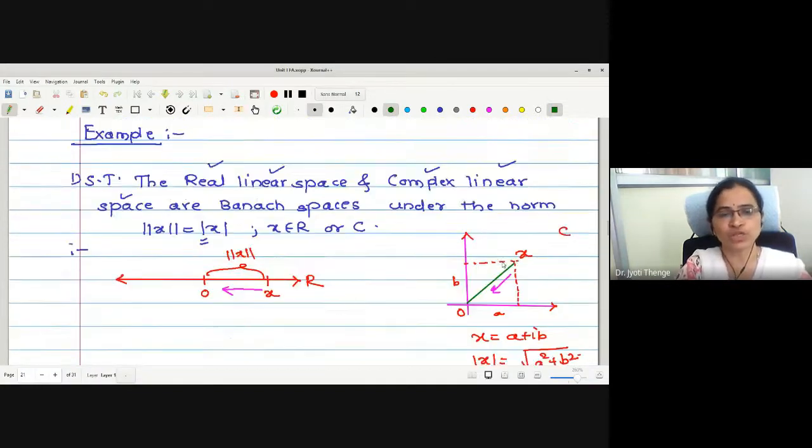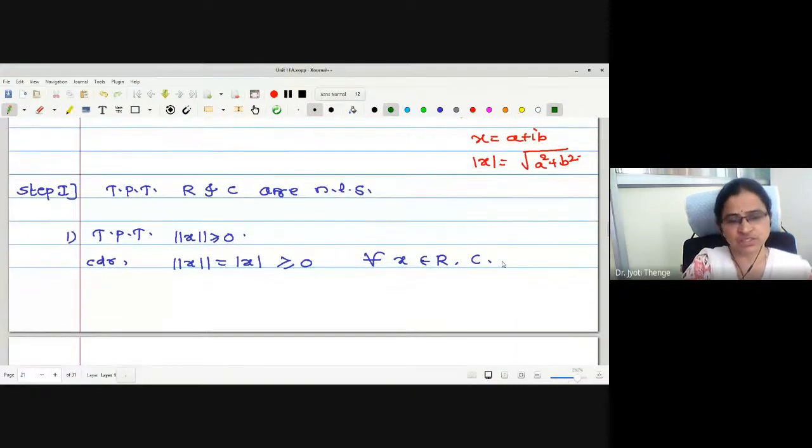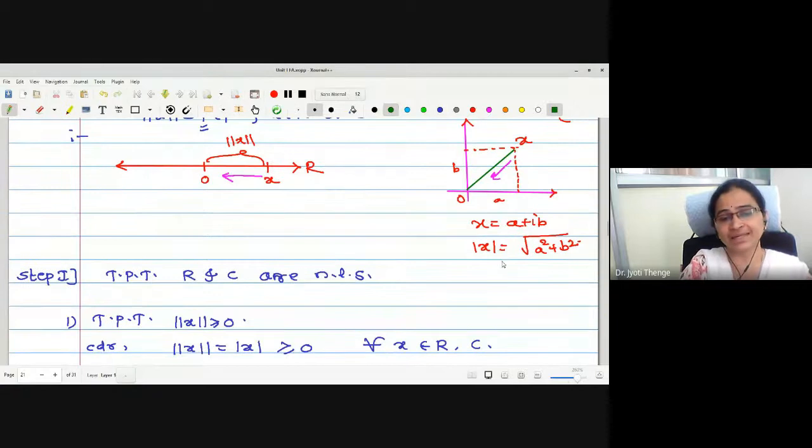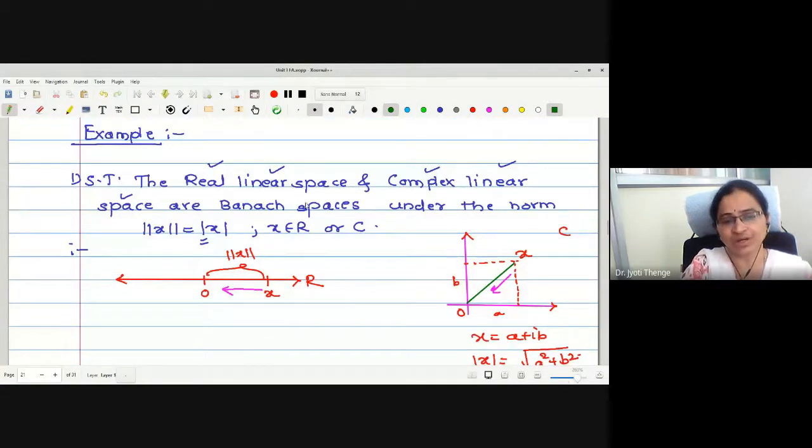In order to prove these two are Banach spaces, two steps are to be followed. In the first step, we have to show that the corresponding spaces are normed linear spaces, that is, whatever norm is given satisfies the four conditions of the norm definition. One has to check that first, and in the second step, one has to go for the completeness definition.